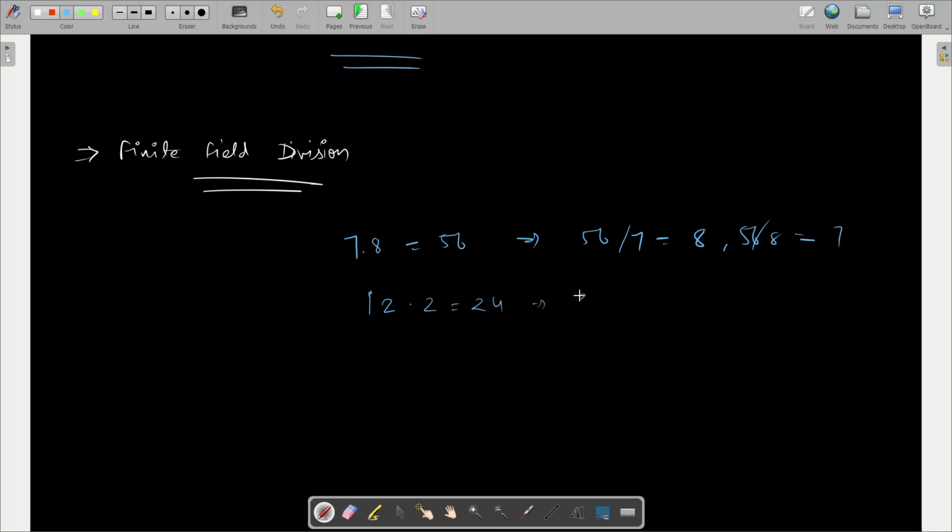If I go 24 by 12, I'll get 2, or if I go 24 by 2, I'll get 12. And so on, for every case that you take. Now, we use this as a definition of division. Note that, like in normal math, you cannot divide by 0.